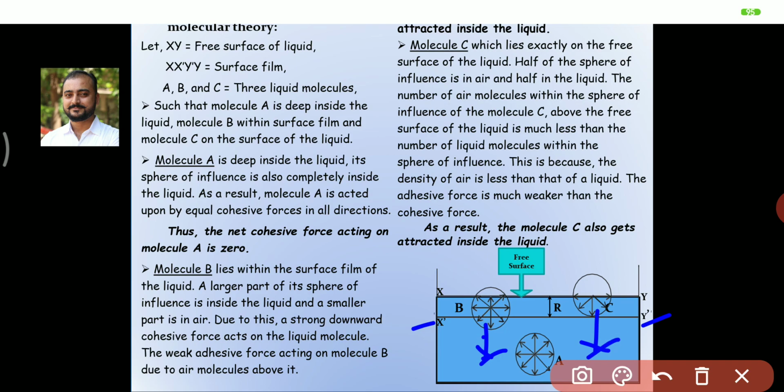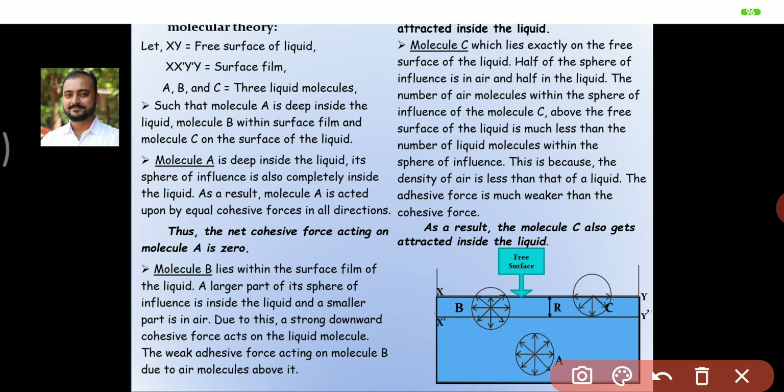Only the molecules present in this particular distance, the range of molecular force, which we call the surface film, experience the downward pull. But the molecules below this x dash y dash line have zero resultant force of attraction, neither in the upward nor in the downward direction.